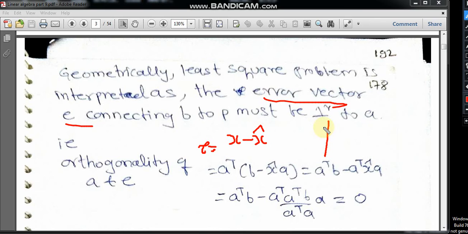If the equations are representing a line, this may be your B1, this may be B2, but you will be getting the value somewhere here. The difference between them will be the error. It must be perpendicular to A, to the values of A.